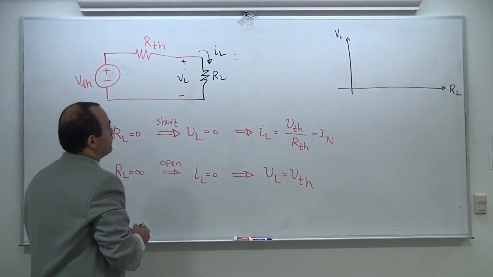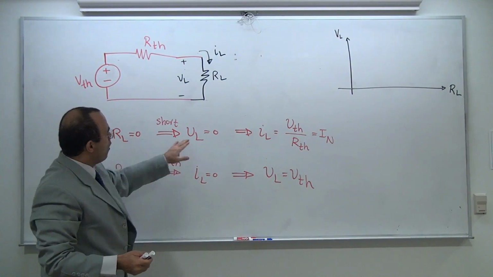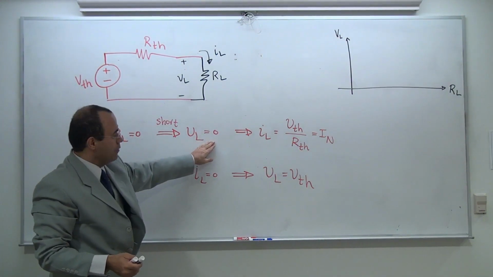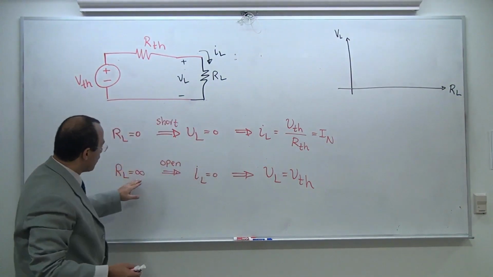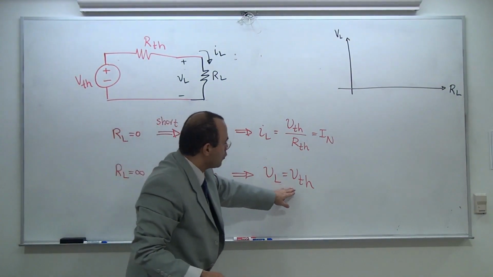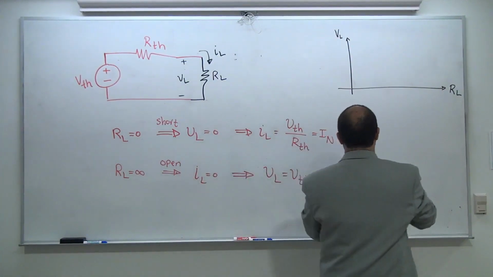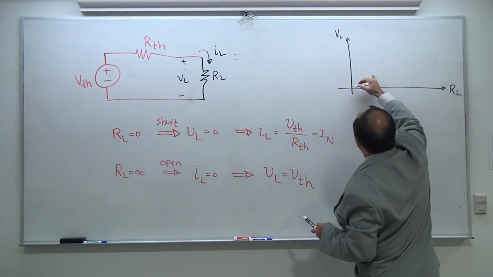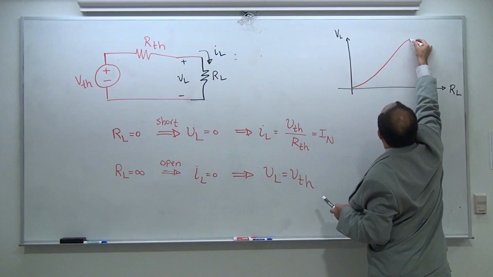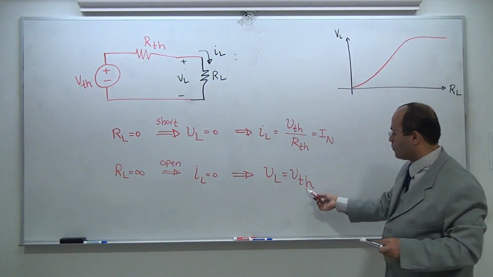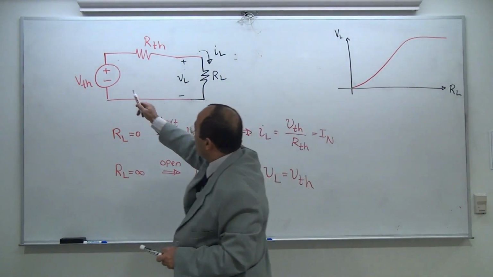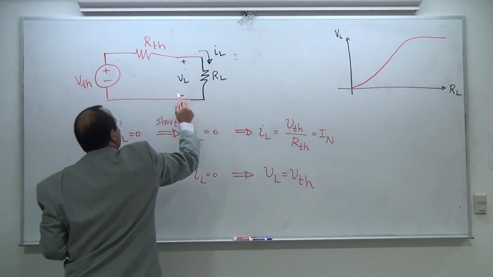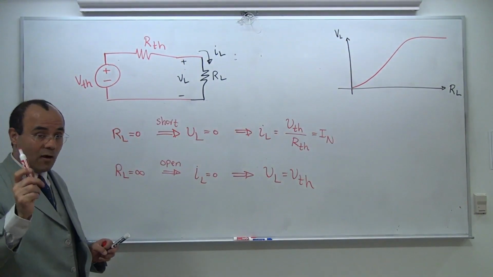For VL, if RL is 0, I'm going to have VL 0, and when RL goes to infinity, I'm going to see the maximum possible voltage that comes out of it. So that's the way my VL versus RL goes. Eventually it's going to be stabilized. You can't expect anything more than V Thevenin. If V Thevenin is 20, you cannot have anything more than 20 on that side. DC, of course, right?